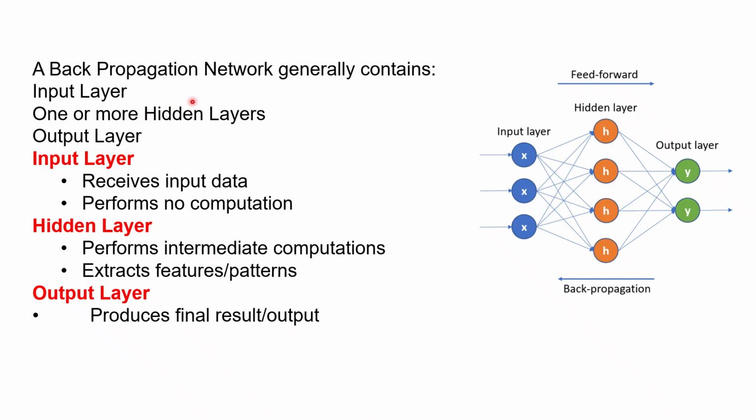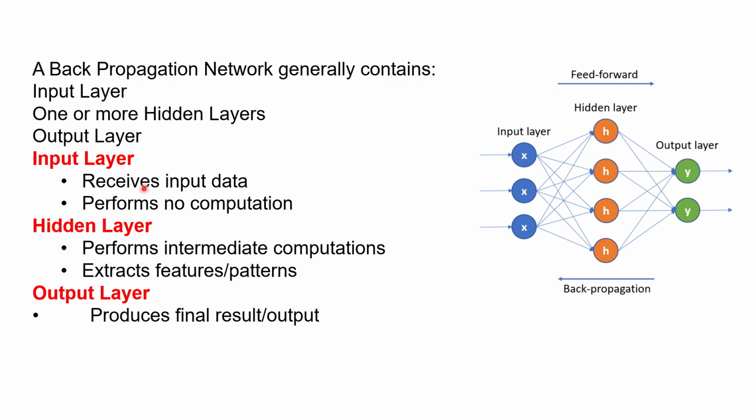A backpropagation network generally consists of an input layer, one or more hidden layers, and an output layer. In the figure, we can view a simple architecture of a backpropagation network which has one input layer, one hidden layer, and one output layer. The number of hidden layers can be increased.